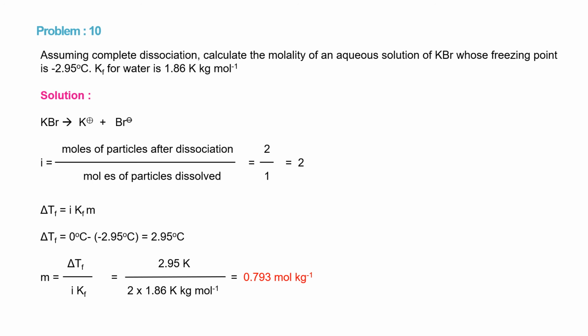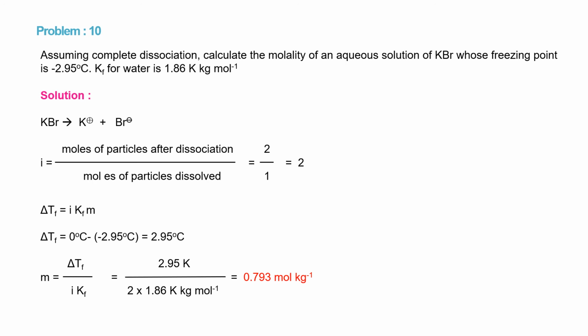So now delta Tf is equal to i into Kf into m. So delta Tf is what? 0 minus of minus 2.95, which is equal to 2.95 Kelvin only. Because you have to convert 0 degree by adding 273, and similarly for minus 2.95 degrees Celsius you have to convert it into Kelvin by subtracting from 273.